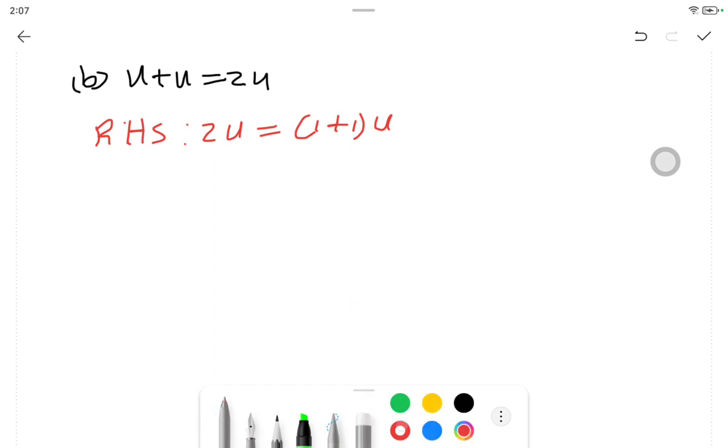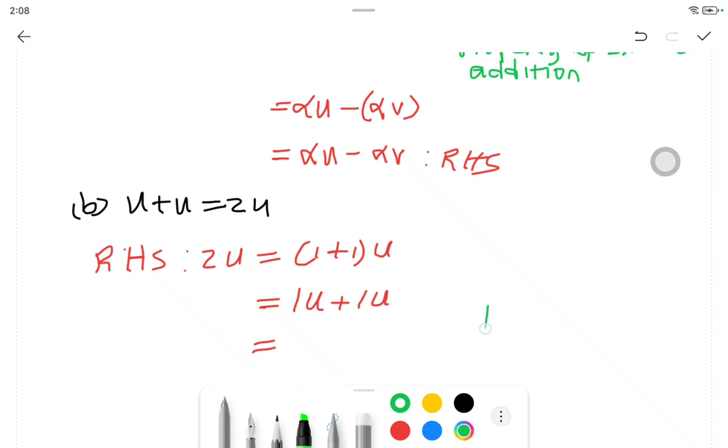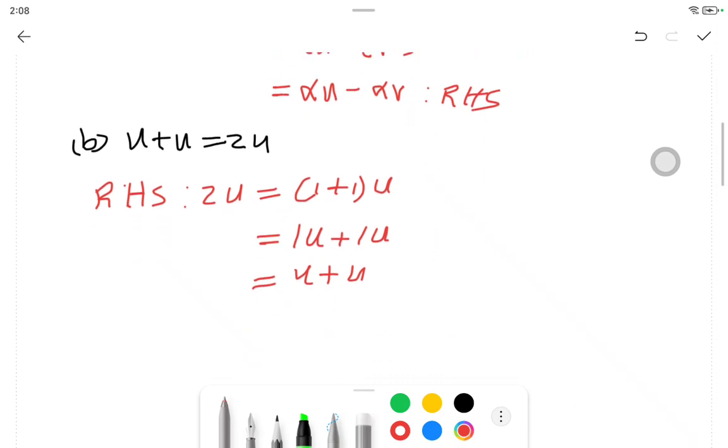I can distribute now: 1u plus 1u. And there's that last property that says that 1u will always be u. If you know them by heart, you can just put them like that. So this will be u plus u, and this is the left-hand side.